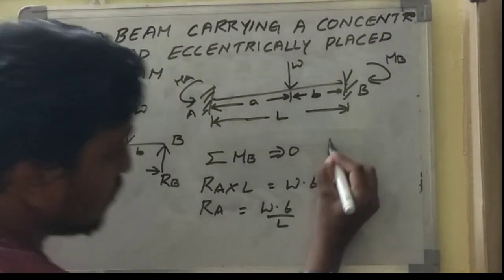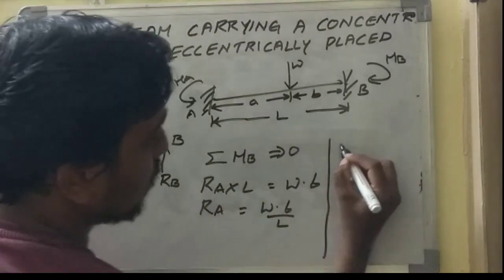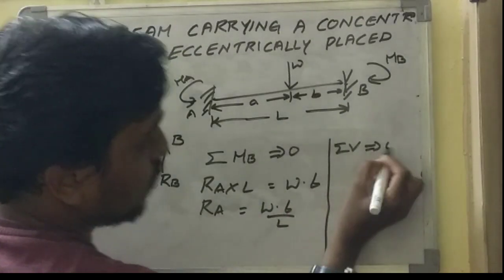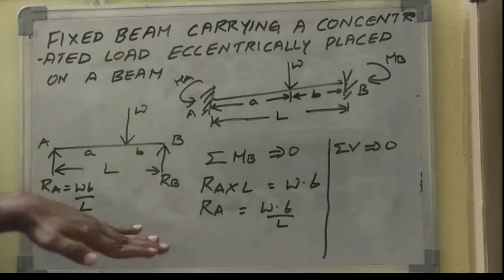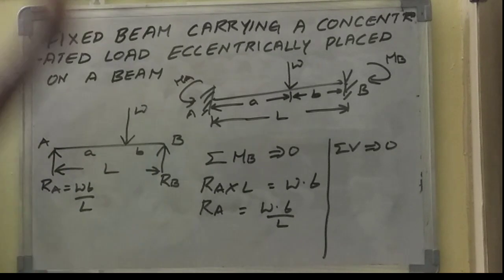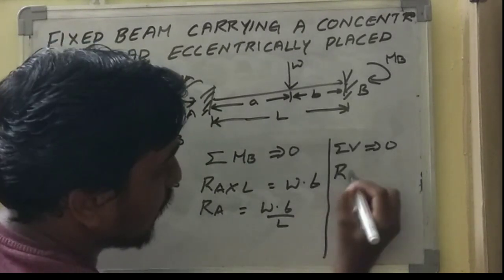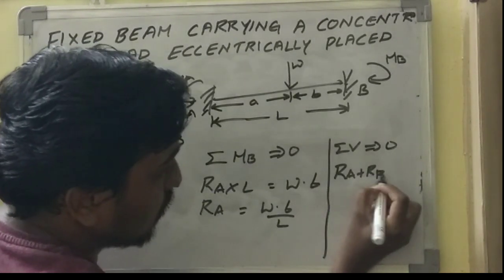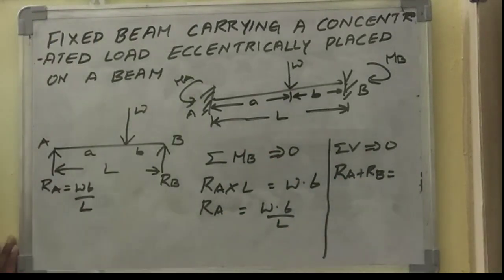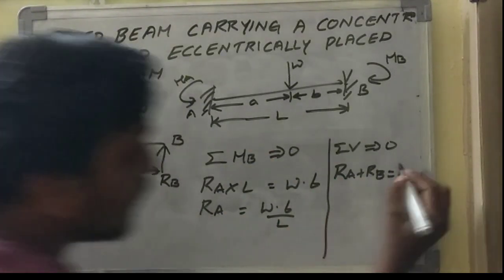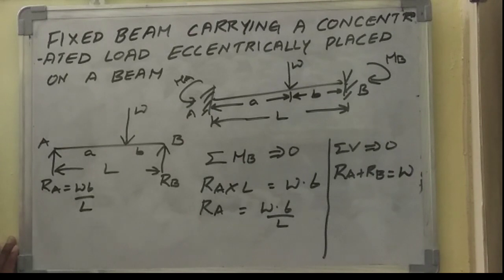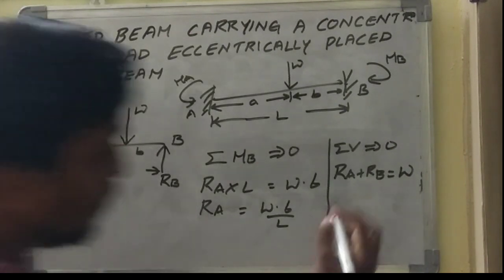And what about this RB? Taking the summation of the total vertical loads, both RA and RB will be acting upwards, so I am taking RA plus RB, and W will be acting downwards, so I am taking minus W, that will be equal to 0.